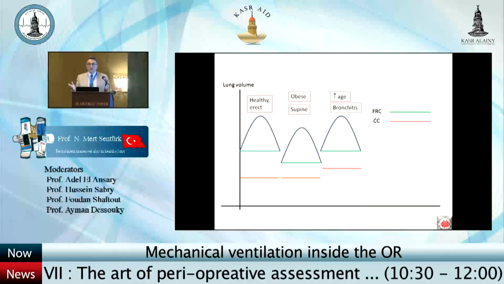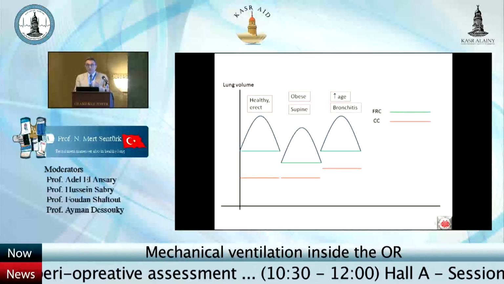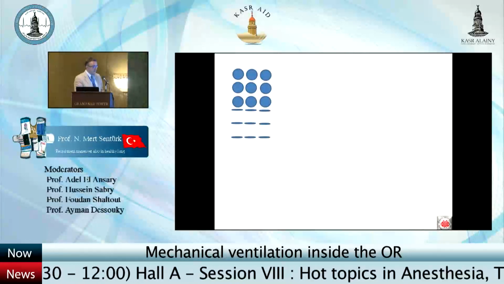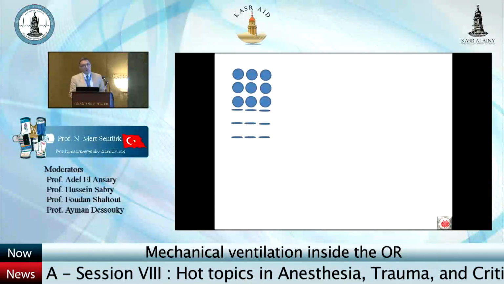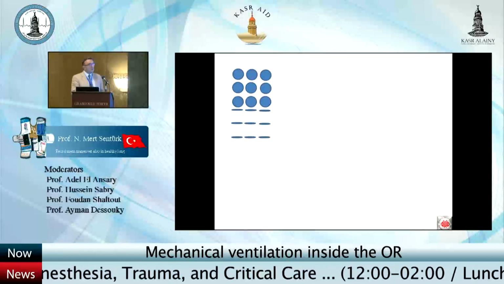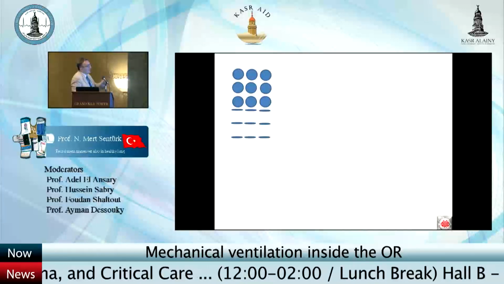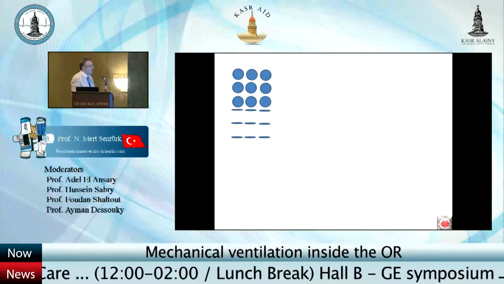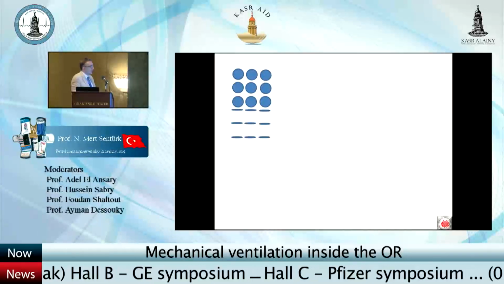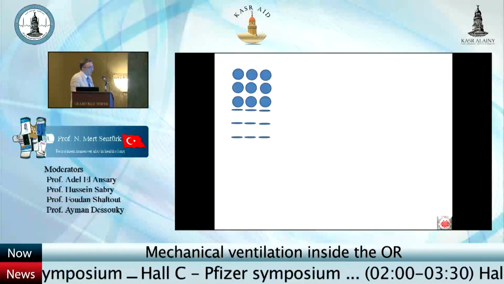We already showed in my first lecture that PEEP can be a good solution for this. But PEEP alone does not help to open the already collapsed alveoli. This is the point of the video I have shown here: in the dependent regions of the lung, there is some collapse of the alveoli.